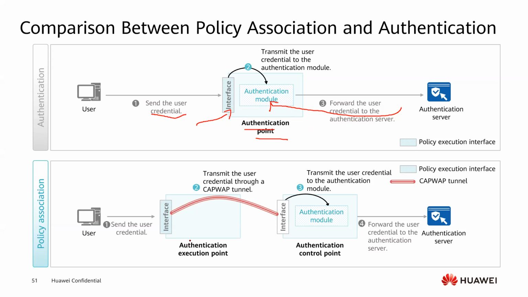For the policy association, it separates the authentication point into two points. One is the authentication execution point, another is the authentication control point.